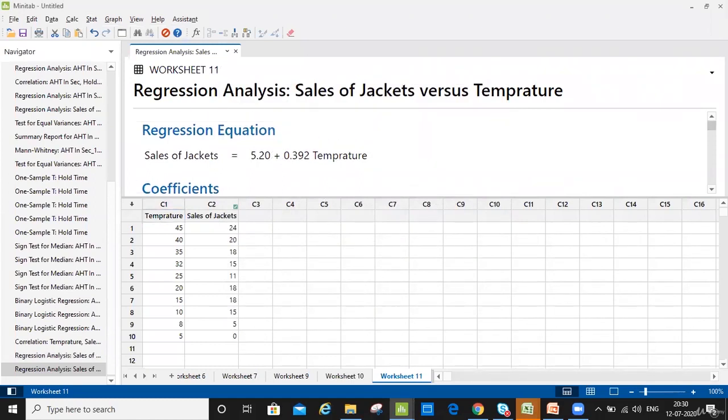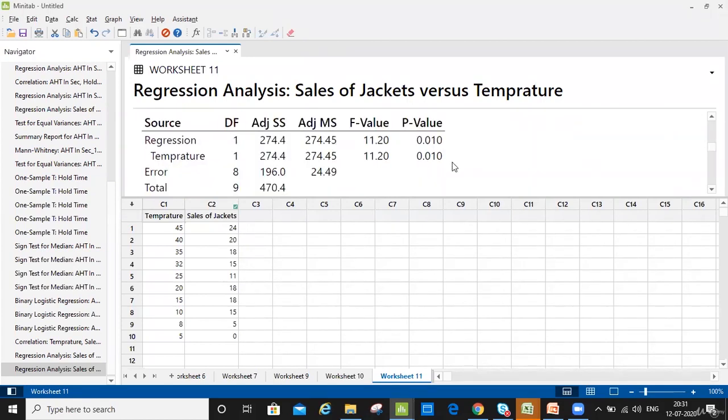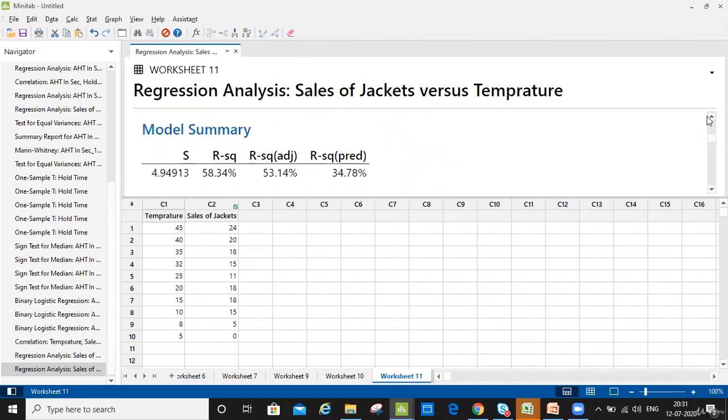So now the equation that I've got is 5.20 plus 0.392 of temperature. Okay. And let's look at the p-value as well. The p-value is 0.010, which is lesser than 0.05. So there is a significant difference.